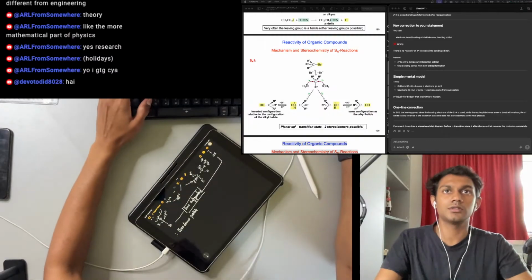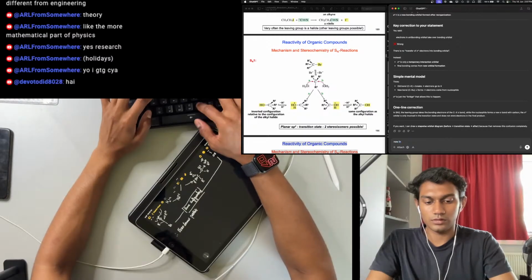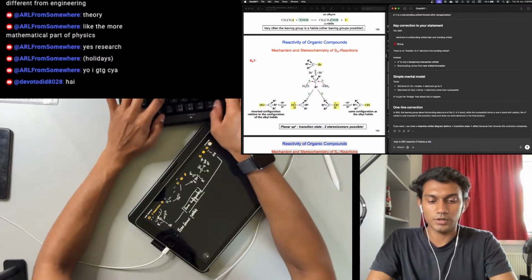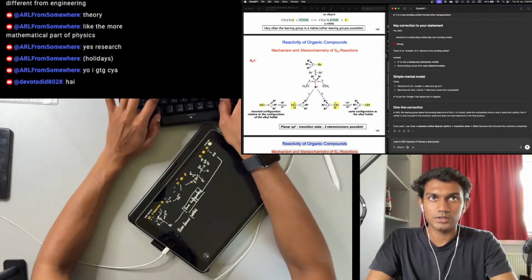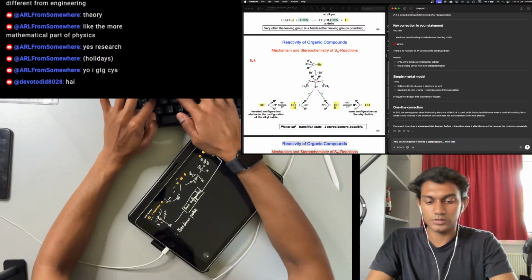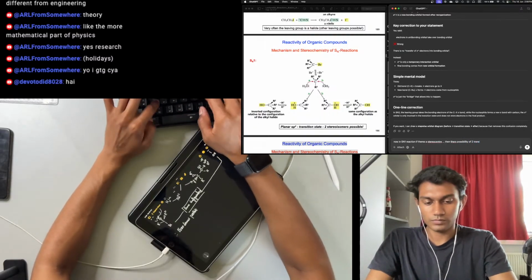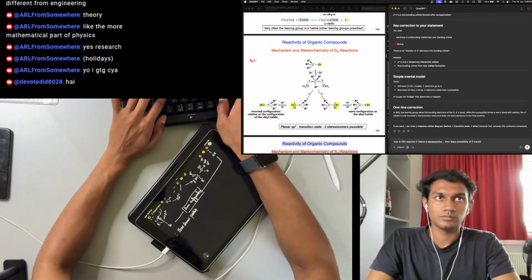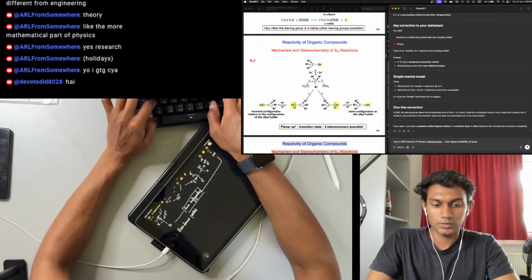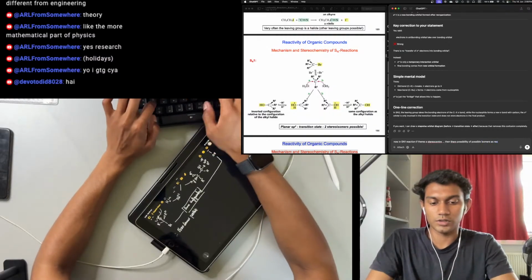In an SN1 reaction, if there's a stereo center, then there's a possibility of stereo isomers as a result.